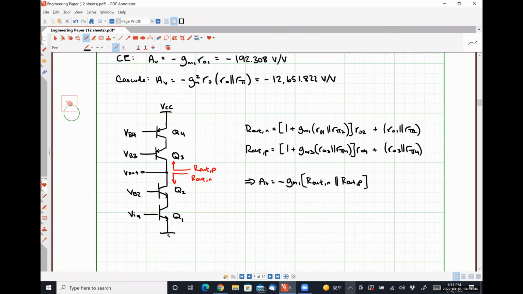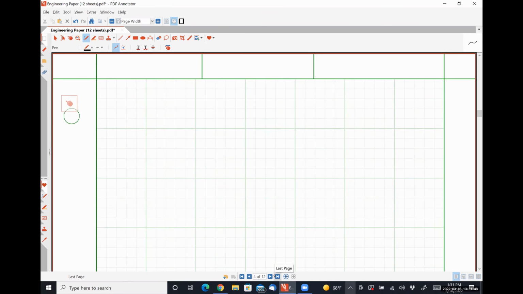All right, we've got 15 minutes left. That's actually more than enough time to talk about MOSFETs. So, MOSFET cascodes.